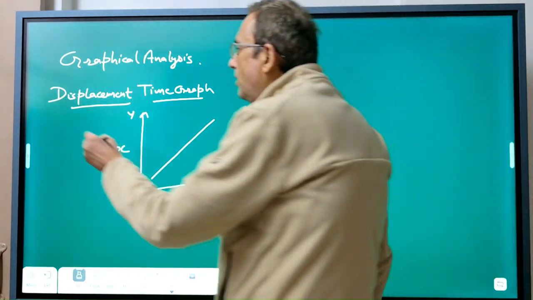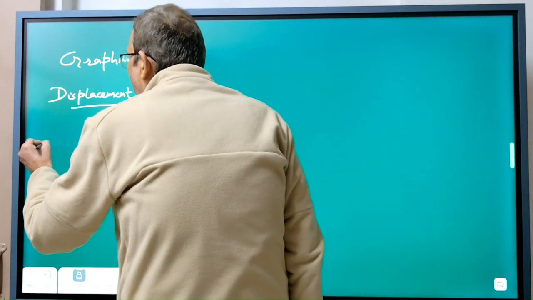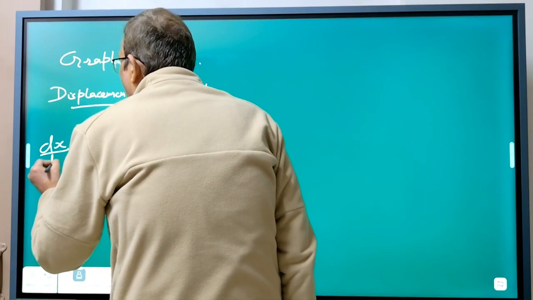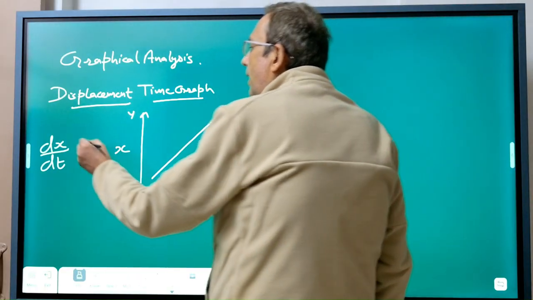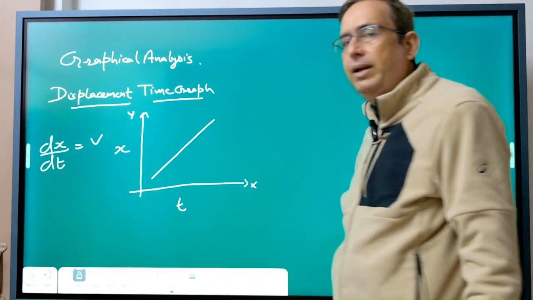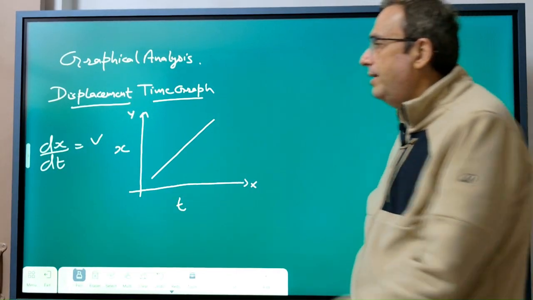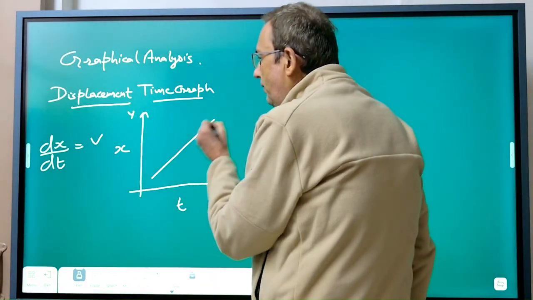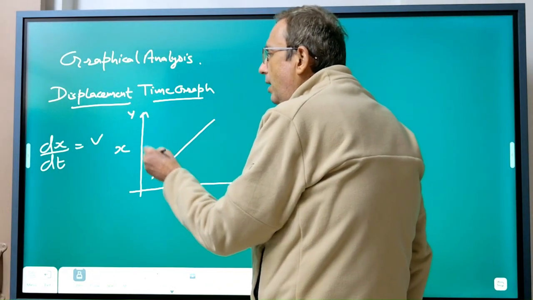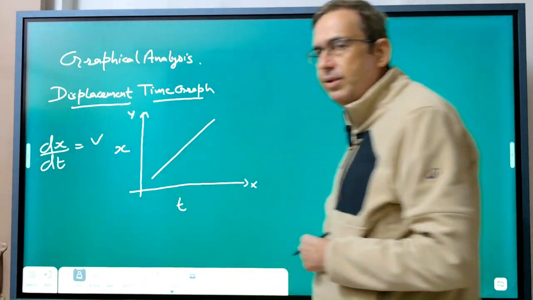You know the slope of a position time graph, that is dx by dt, is related to velocity. It is actually equal to the velocity. And this slope, as you can see, is not changing anywhere. So that means the velocity is constant.